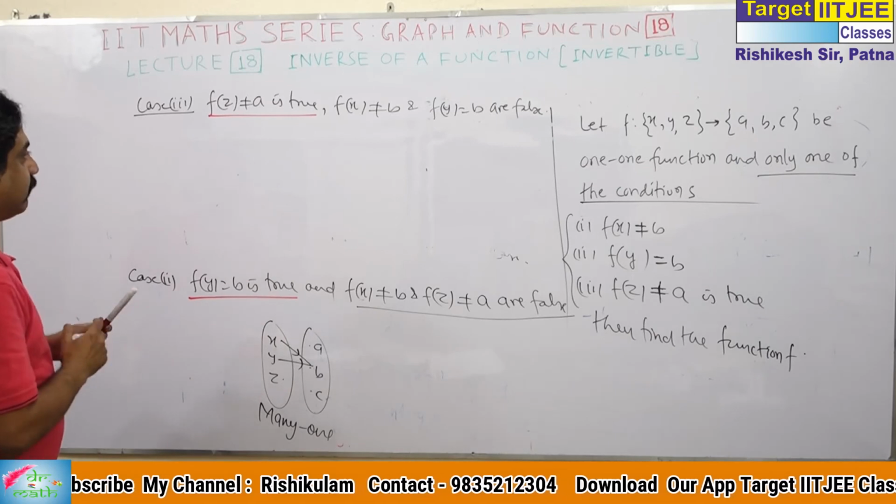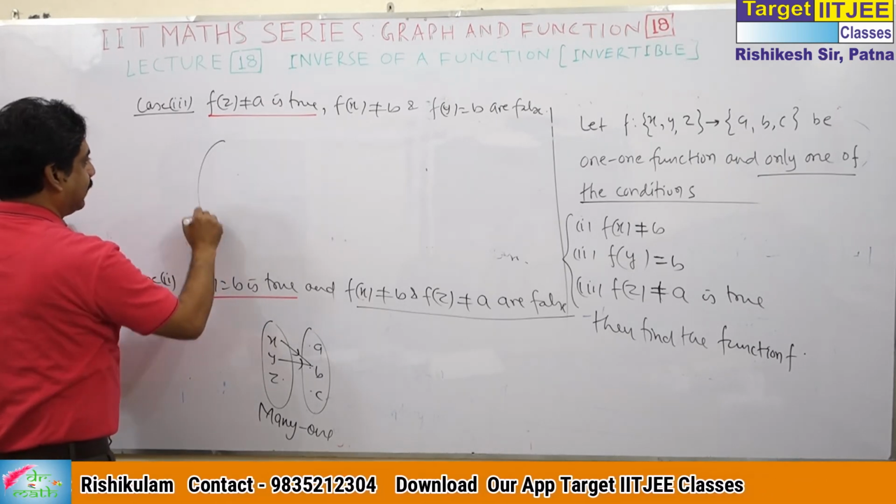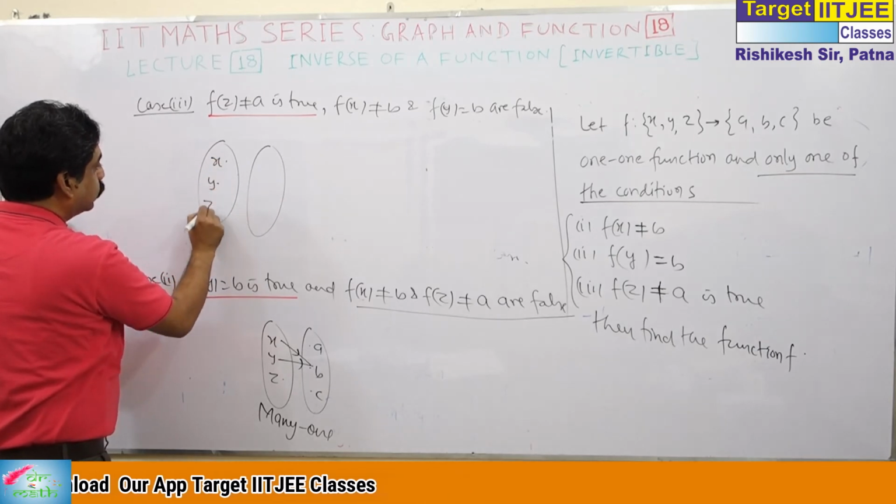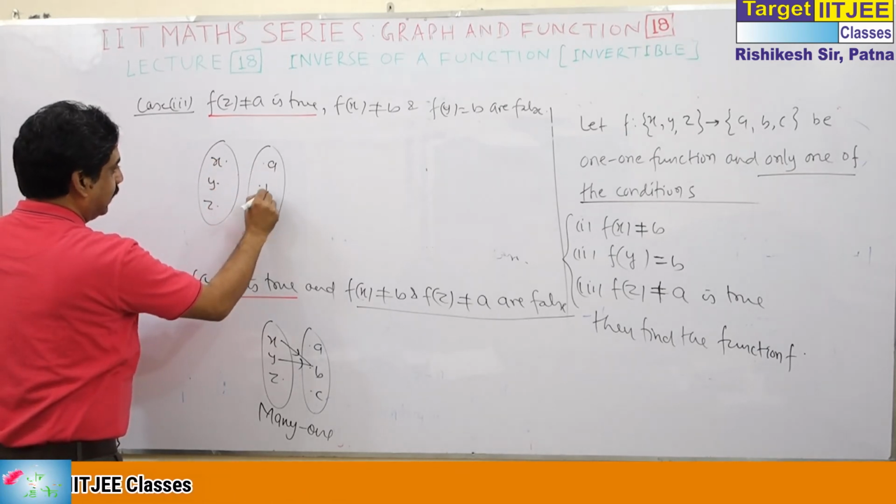Now see, fz not equal to a is true. Again, as in case 1, it can be done in two ways.